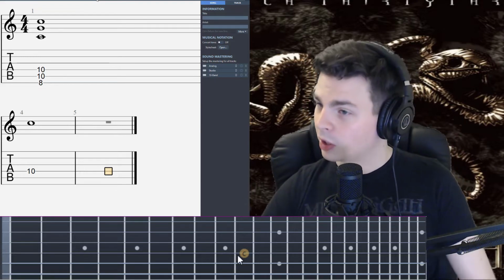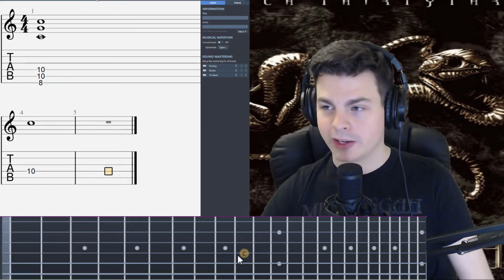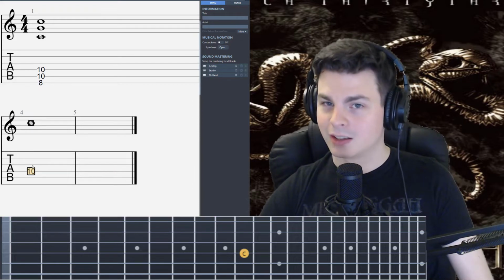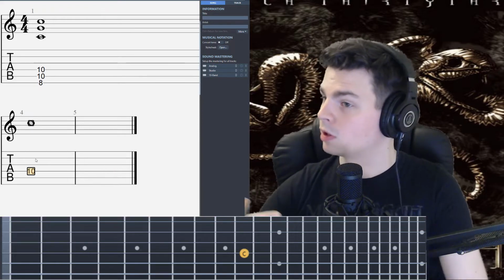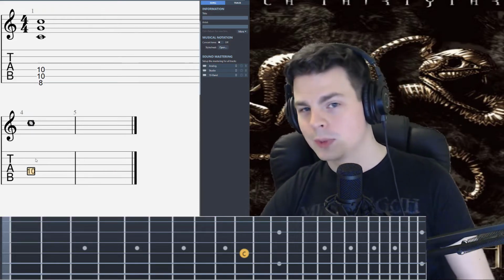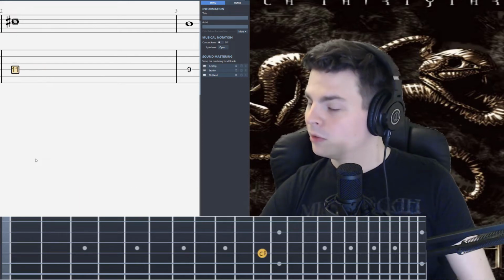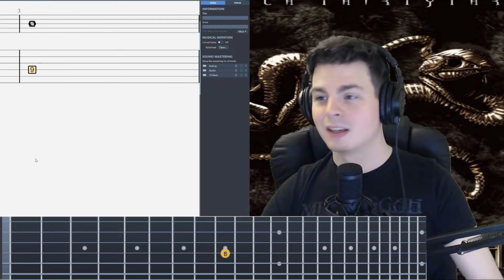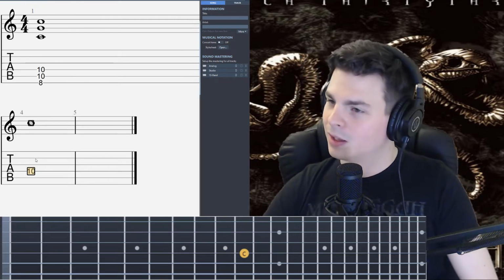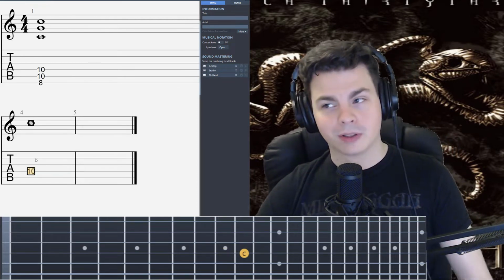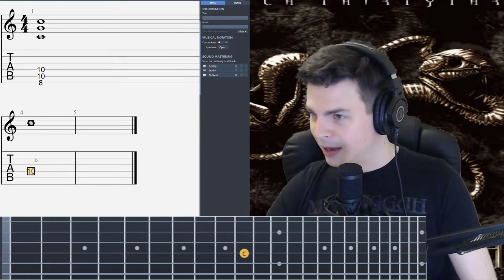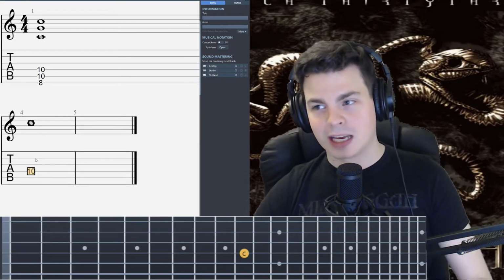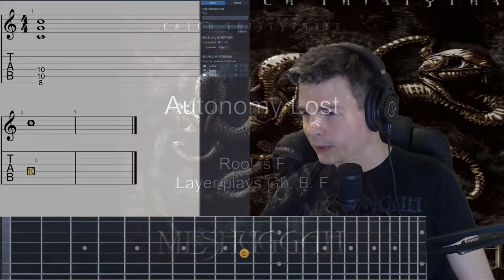You have some target note, generally a consonant one, so in this case, our root note of C, where we want to go to, and what we do is we enclose it. We play the note above it, the note below it, and then the note. This is a really simple technique for building tension and resolution, really structurally sound, and it's all over Catch 33.